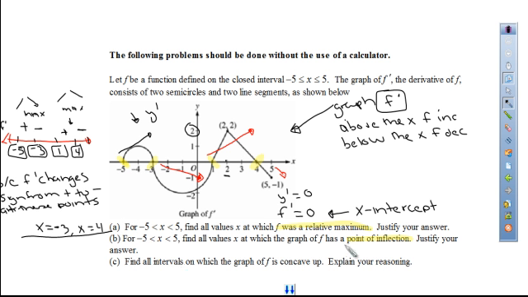Remember, a point of inflection occurs when the second derivative is equal to 0. So that means I am looking to see where the tangent line of the first derivative is horizontal. That's what I'm looking at.